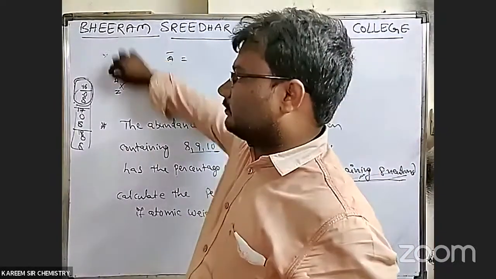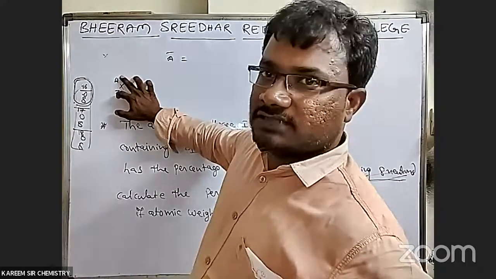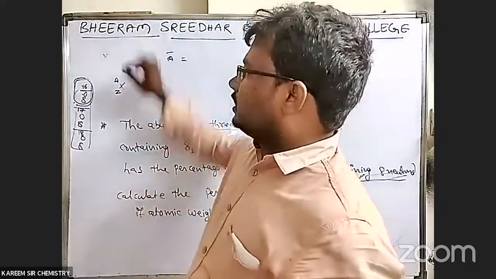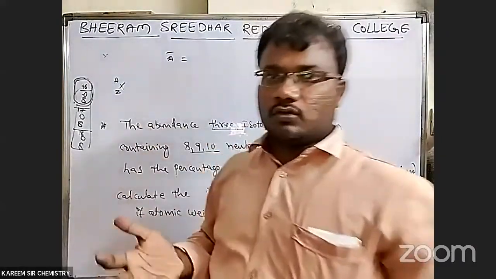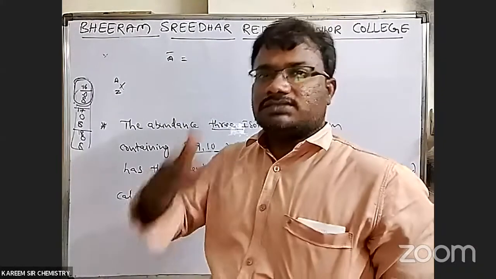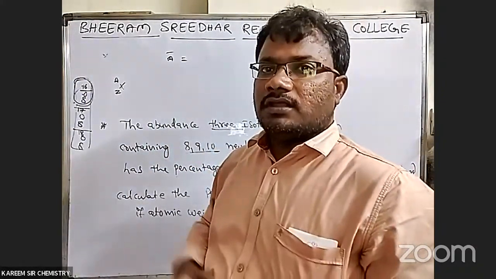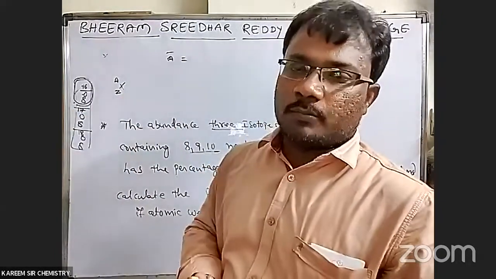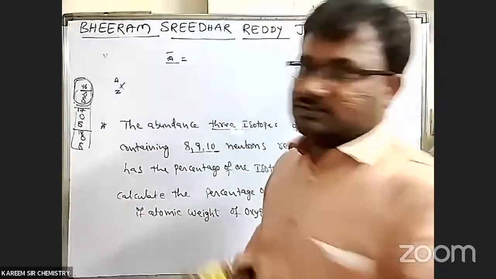Same atomic number but different mass number, we can call them isotopes. If an element has more than one isotope, meaning the same element with different atomic masses, then we should take the average of all those isotopic masses. This is called the average atomic mass.